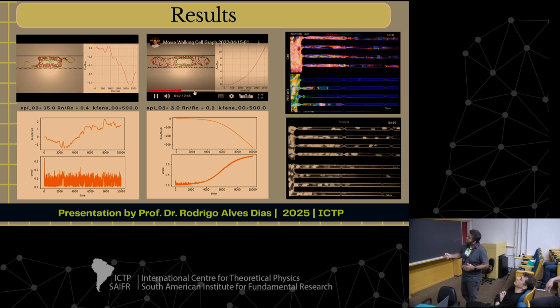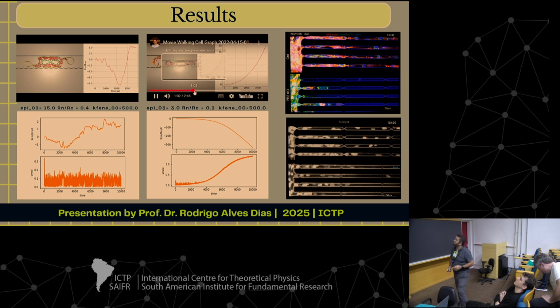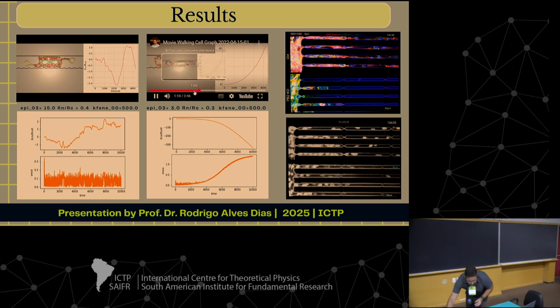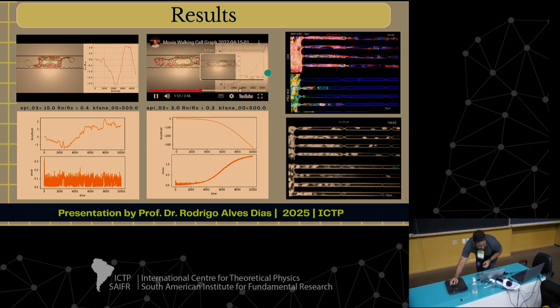You can see that the center of mass goes very, very far, and the velocity increases. I performed some other simulations where the velocity stabilizes at one value that the cell selects, changing the temperature, and I show only one representative simulation.